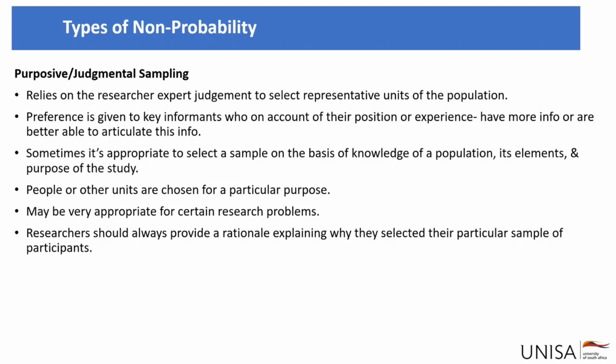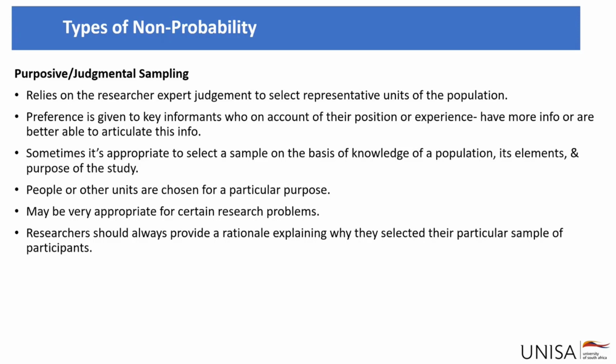And you yourself choose who you want to be participants in your research study. So there's a purpose for which you choose them. You want them for a particular purpose, maybe because preference could be given to key informants or participants who, on account of their position or experience, have more information or are better able to articulate this information.